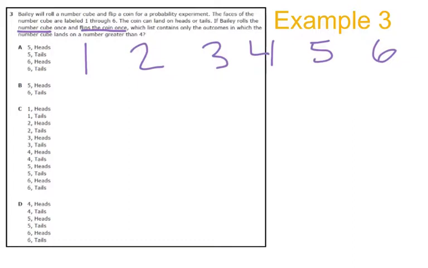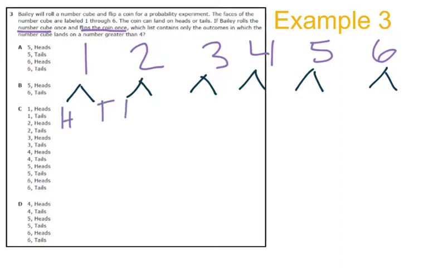Then from there, we're going to flip our coin, which we know we can get heads or tails, for each number. All right, so now let's write that in. HT, HT, HT, HT, HT, and HT. Now we've listed all of it. So let's see what our options are.